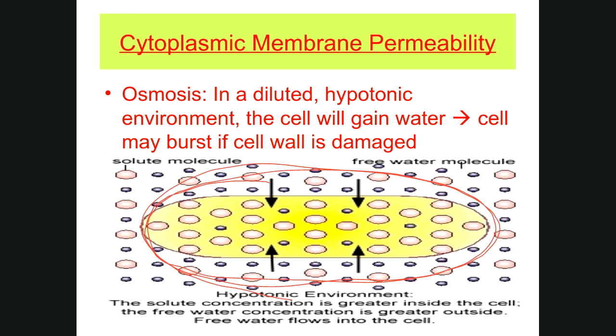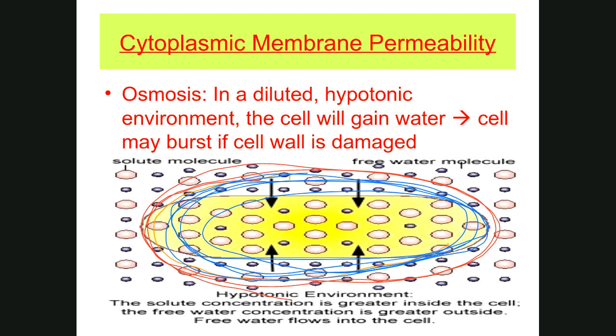And as the cell membrane swells and becomes bigger and bigger, I'll make it another color, I'll make it blue. So the cell membrane continues to grow. It's not going to explode because the cell wall will stop it from growing too big and exploding.